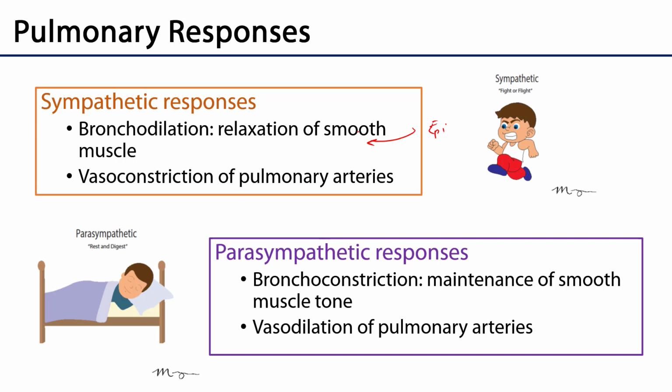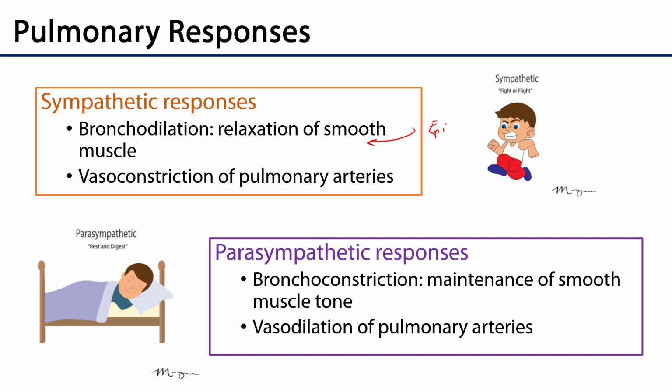And a sympathetic response will also lead to vasoconstriction of the pulmonary arteries, because sympathetics with all vasculature, with the exception of the coronary arteries, are going to lead to vasoconstriction. In terms of a parasympathetic response, we'll have bronchoconstriction, and this is just the maintenance of smooth muscle tone of the tracheobronchial tree, and we'll have vasodilation of the pulmonary arteries.